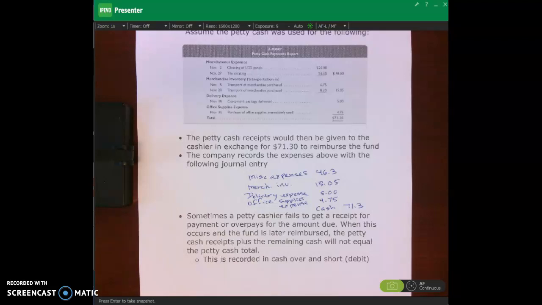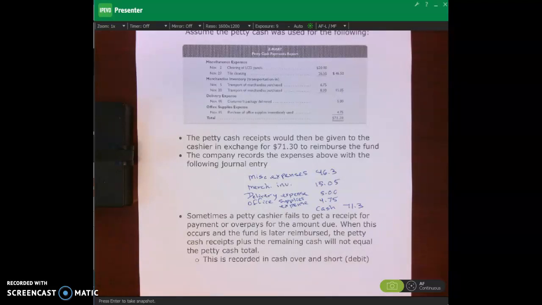Now we're back up to $75. We take that remaining cash that we had plus the additional $71.30. Now we're back up to $75. And now the petty cash fund has been reimbursed. So this is the journal entry to reimburse the petty cash fund.